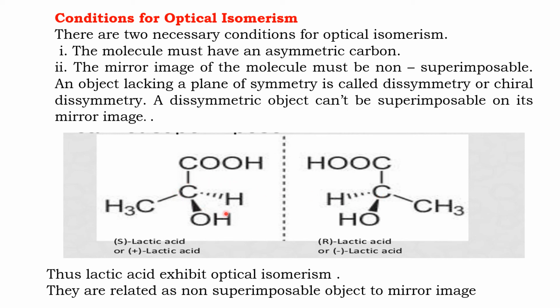And this molecule does not have any symmetry elements, and this molecule has a chirality center. So all the conditions are satisfied, and hence for lactic acid, if this is plus lactic acid or D-lactic acid, this will be L-lactic acid or minus lactic acid. If this is levo, this will be dextro. So these two forms exist in a three-dimensional picture, but they are related as object to mirror images.